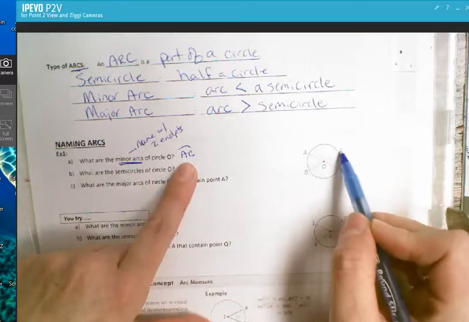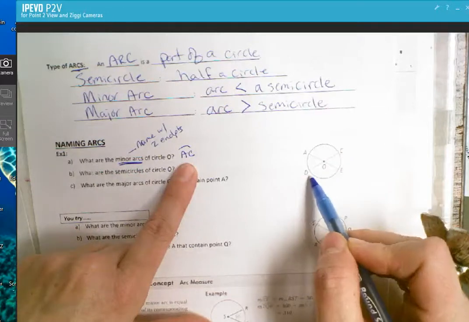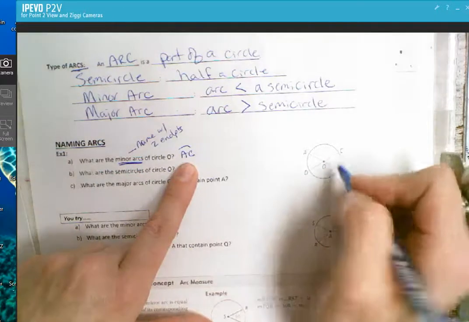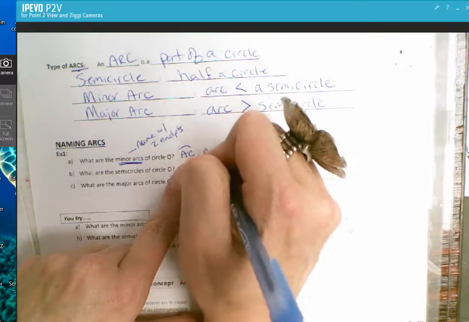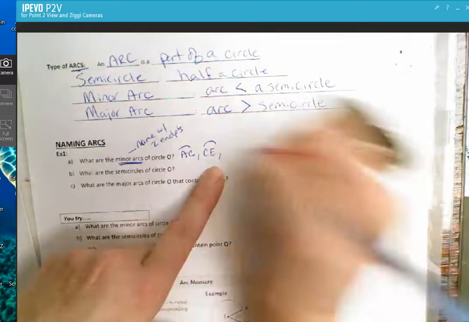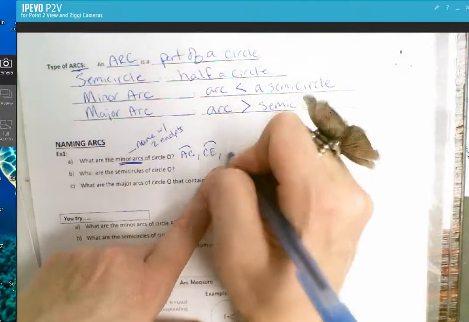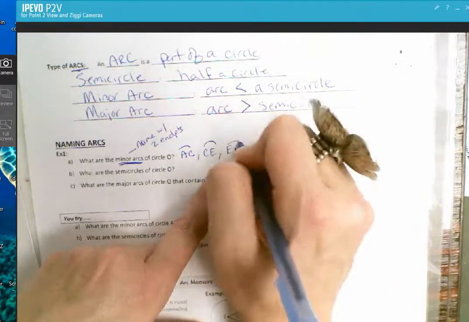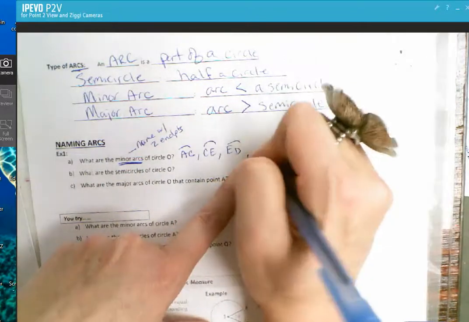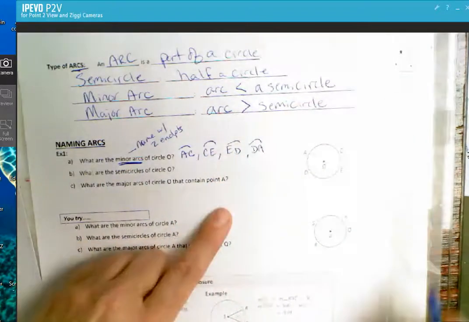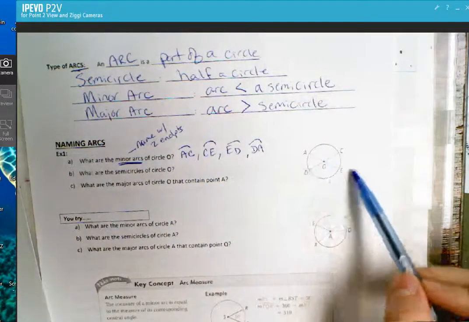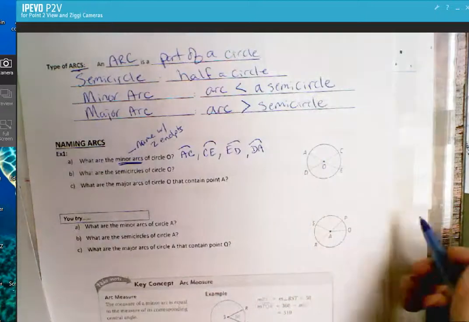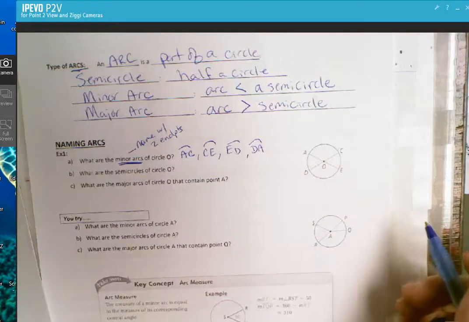I'm going to work my way around the circle and easily identify all these arcs. So I've got arc AC, arc CE, arc ED, and arc DA. All of these could be named going the other direction as well. So we just need to pay attention to what they're referencing.